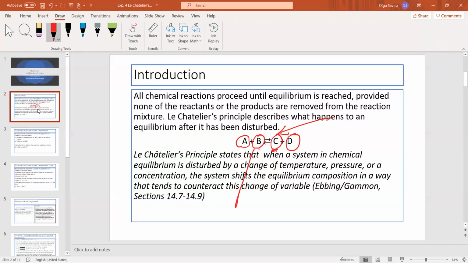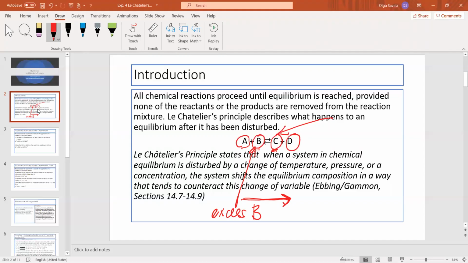Let's say we can use an excess of B. And so in this case, the equilibrium will be shifted towards the product because B will be consumed, B will react with A, and the equilibrium will be shifted to the right.